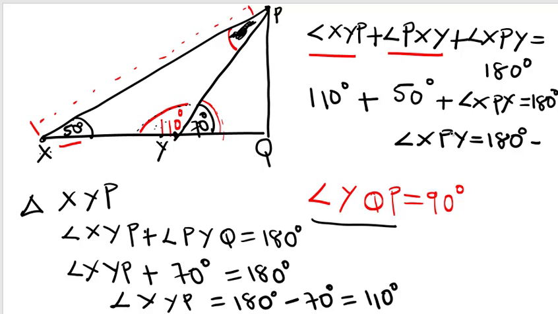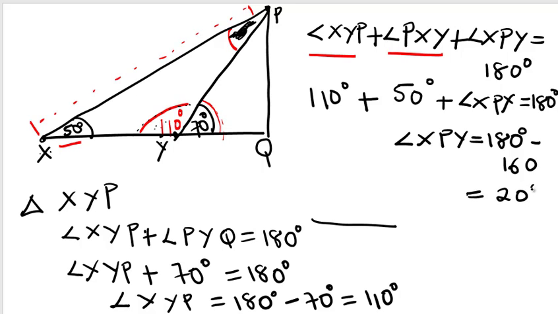So minus 160, and that is going to give us 20 degrees. So it means that the angle at this point is 20 degrees.